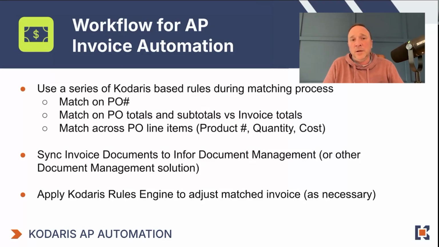The third thing we'll take a look at is the PO line items. In this case, we're going to try to match on the product number. In many cases, the product ID or product code on the vendor invoice may not be the same product code that you use in your ERP, the one that exists on the purchase order you originally created to the vendor.